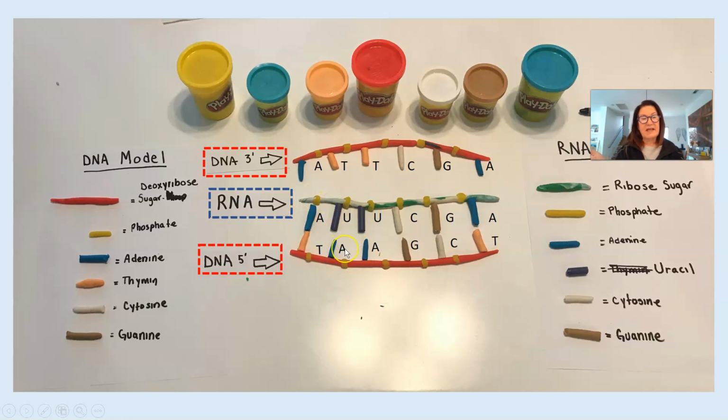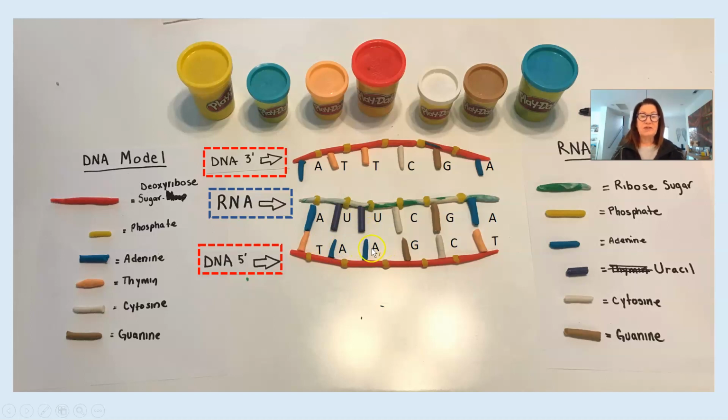Now, remember in RNA, this strand cannot have any T's. So I'm not going to put T here. In DNA, A always goes with T, but in RNA, A goes with U, or uracil. So I have an A here in my DNA, and I'm going to put a U because no T's are allowed.